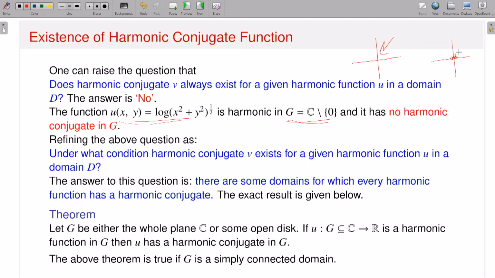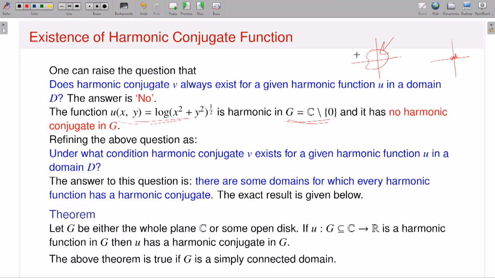A simply connected domain is one where, if I have a domain and I take any simple closed curve or simple closed contour, I can squeeze that contour, or continuously deform it, to a point without leaving the domain D, or without passing through any singularity.